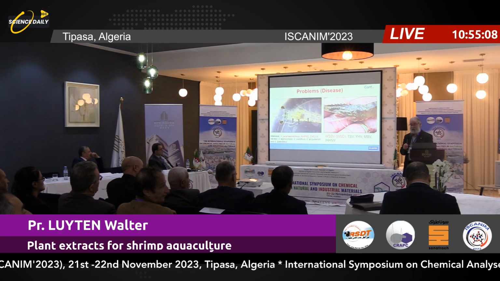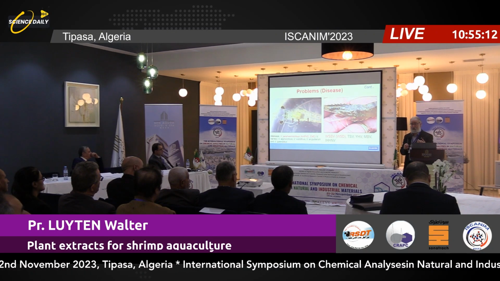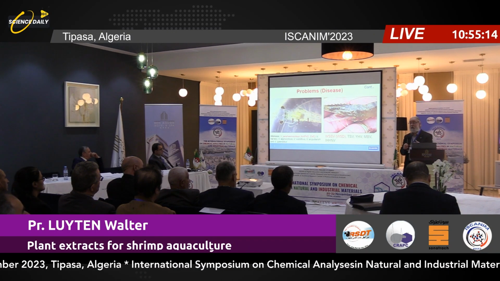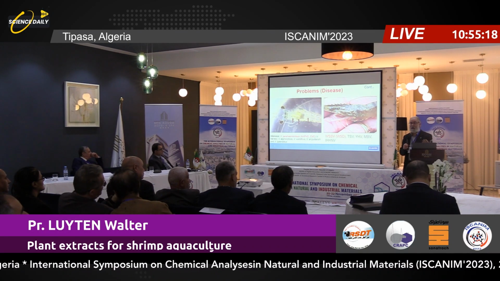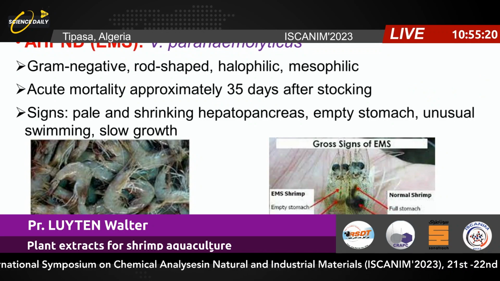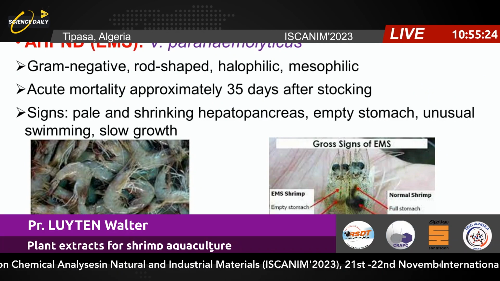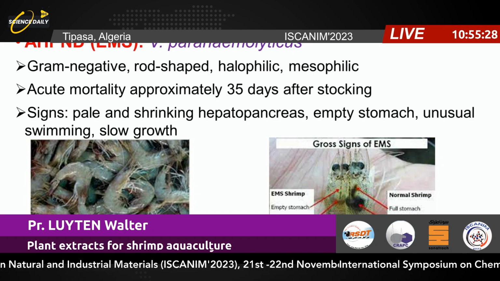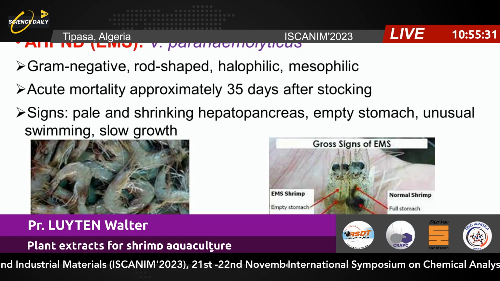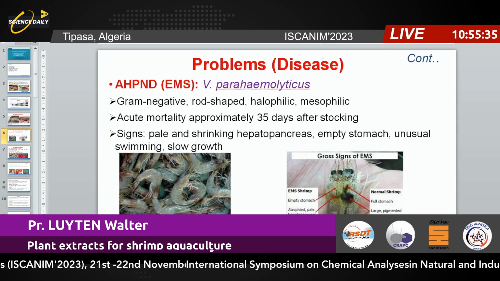They can cause not just local problems, but some of these infections can cause real pandemics, where they spread worldwide and really lead to a complete collapse of the shrimp aquaculture industry. This has already happened. So there are two major types of diseases. One is bacterial ones, mostly caused by Vibrio species.